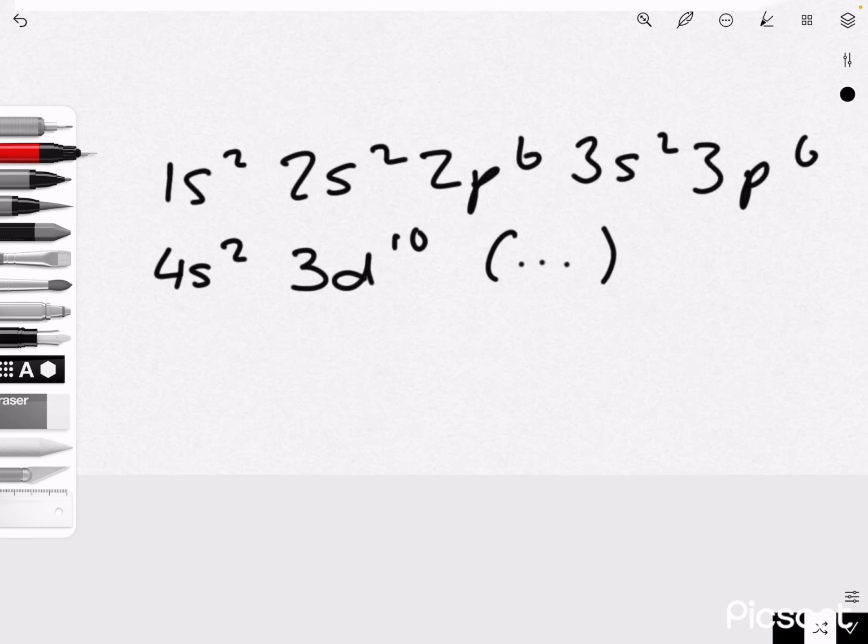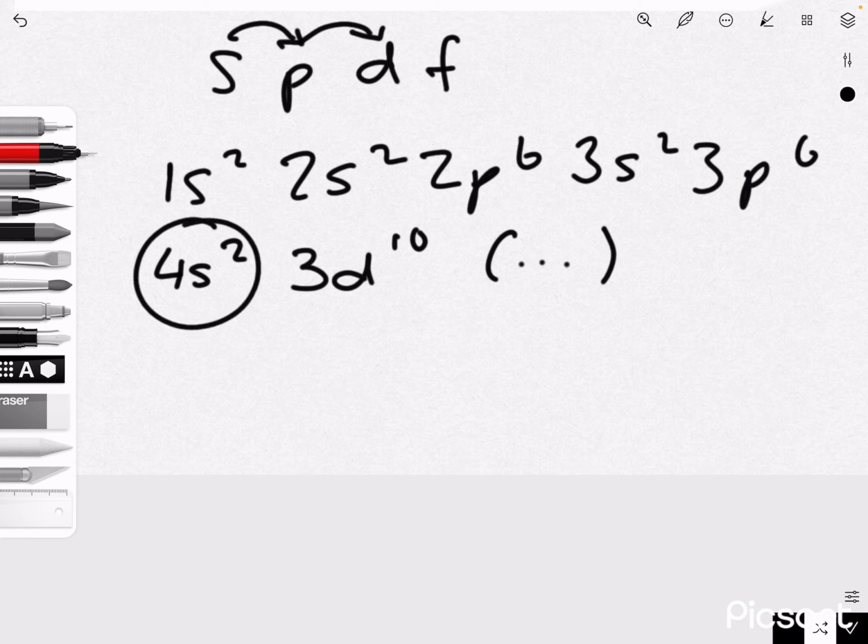Just keep in mind that you always fill from s to p to d to f, with each consecutive energy level from 1 having s plus the next orbital, and that specifically 4s is the first to be filled, but it is also the first to give its electrons to 3d to achieve stability.